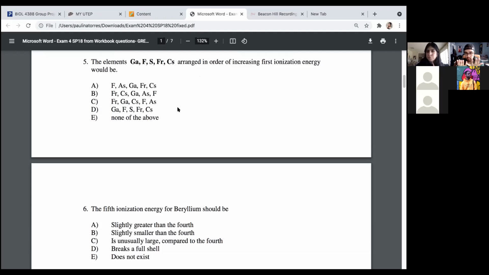So if we're looking at gallium, where is it? 31, okay, gallium is number 31. And then we have fluorine, sulfur, francium. Well, francium's way over here. And cesium.